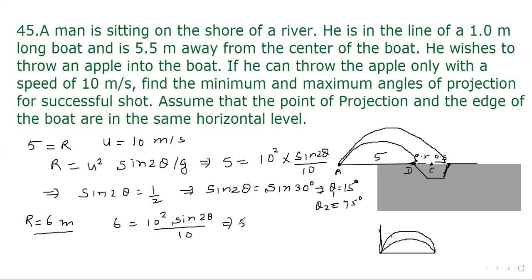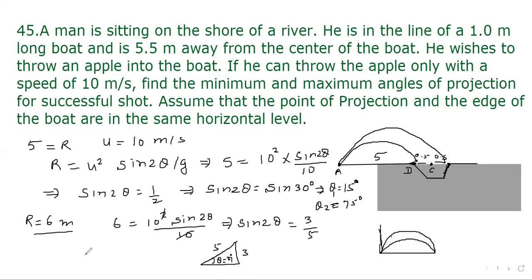From where we get sine 2 theta equal to 6 by 10, which we will consider as 3 by 5. Now, if we draw a Pythagorean triangle for this, this is 3, this is 5, then this will give theta as 37 degree.